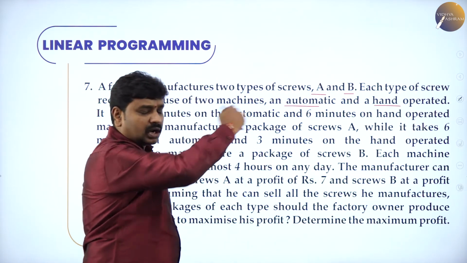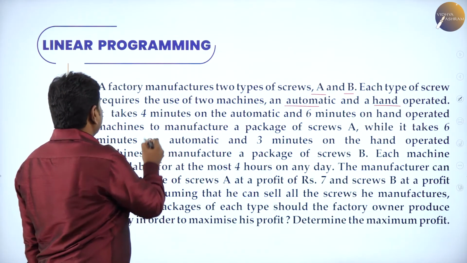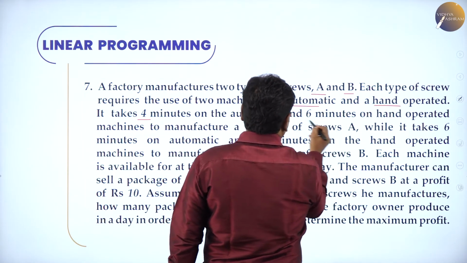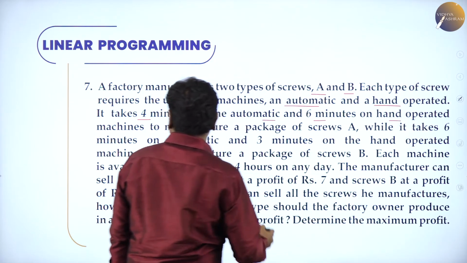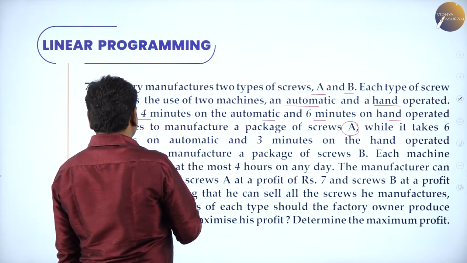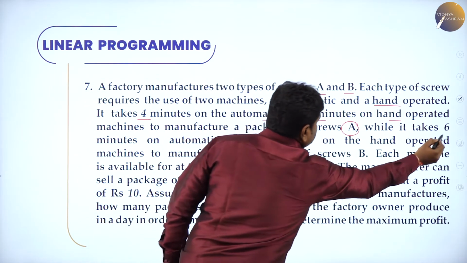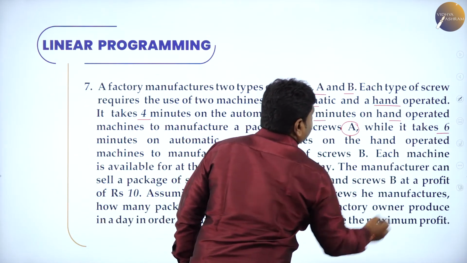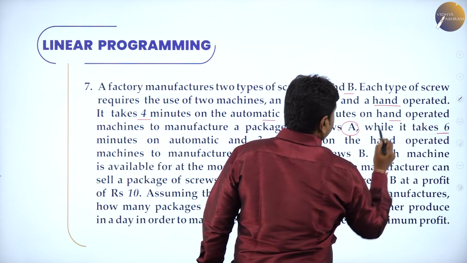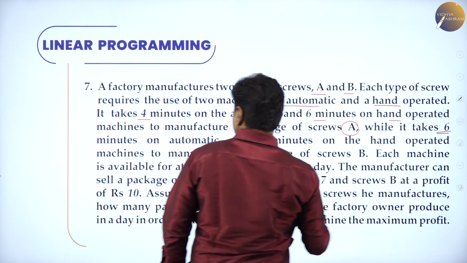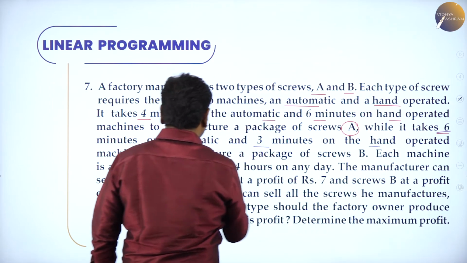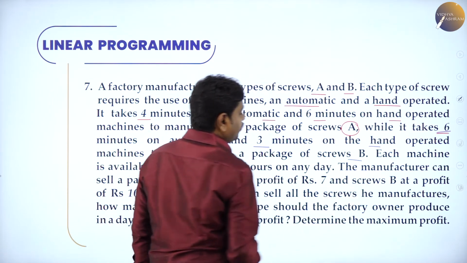It takes 4 minutes on automatic machine and 6 minutes on hand operated machine to produce a package of A. While it takes 6 minutes on automatic and 3 minutes on hand operated to manufacture a package of B.